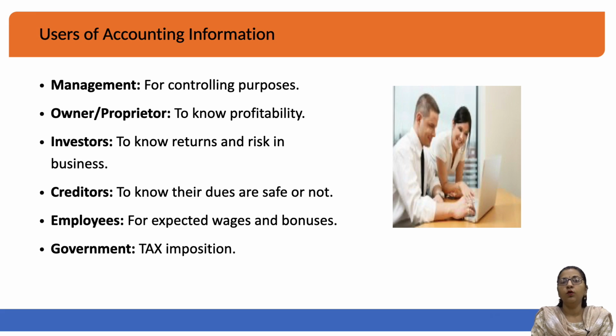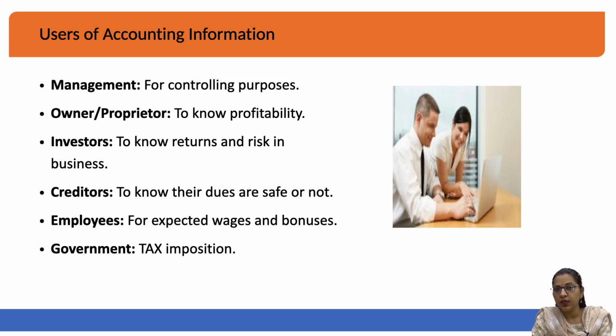The next user who would be interested in your company would be creditors. Who are creditors? The word credit has made them creditors. So, when we talk about creditors, they will be the people to know their dues at a particular point of time. Why are they interested in our business? Because they are the people who have given us credit.